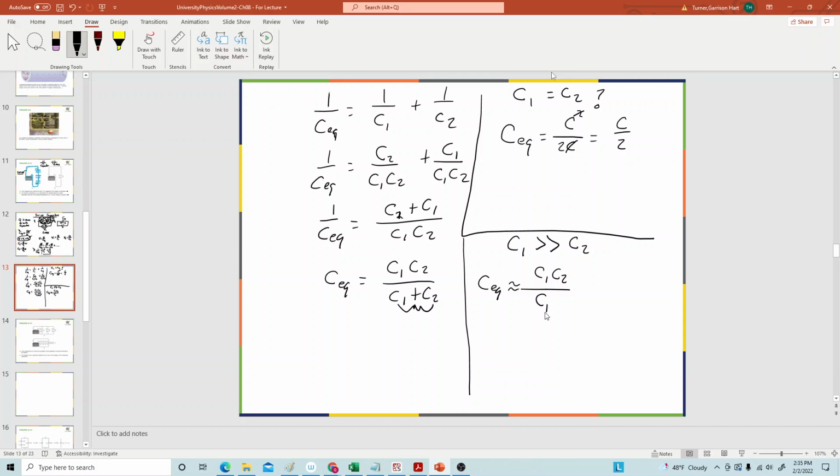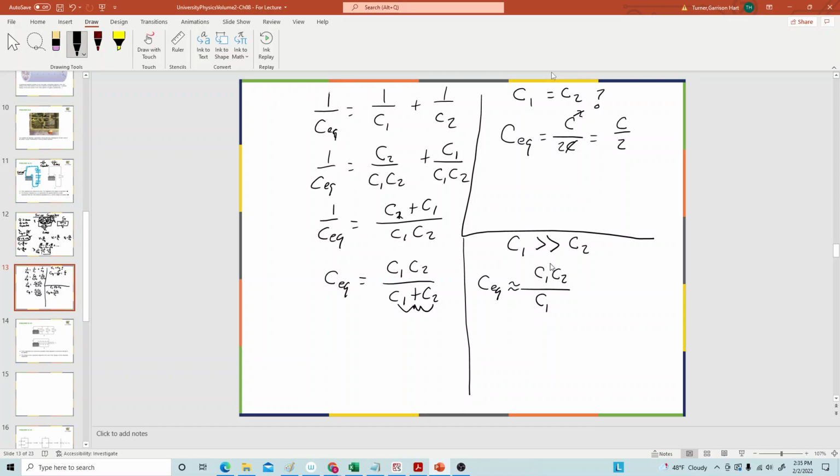It's the equivalent of if C1 is, say, 1,000,000 times bigger than C2, like a microfarad and a picofarad capacitor. So when you add the really small one, it doesn't hardly contribute anything.